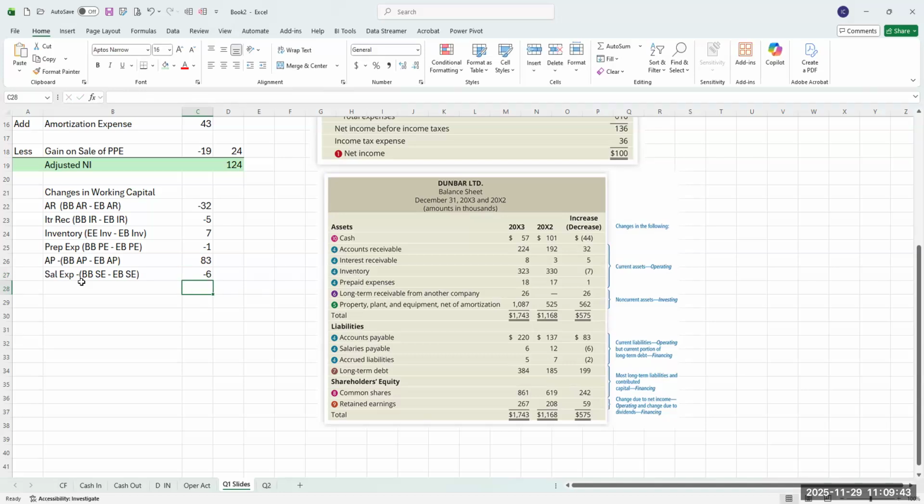And that shows a decrease in our cash of $6. Does that make sense? Well, we reduced our beginning balance. That means whatever expenses we paid, plus we paid an additional $6. So that will be an extra reduction in our cash. Totally makes sense. Let's go with the next one. Accrued liabilities.